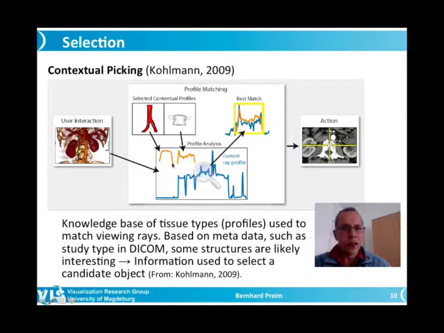It depends on the size of the structures, on the gradient at the borders. And when the user selects something, he could choose beforehand which structures he prefers, and the best match is then determined automatically in order to select, hopefully, the right object.